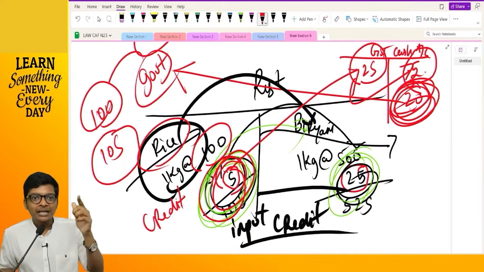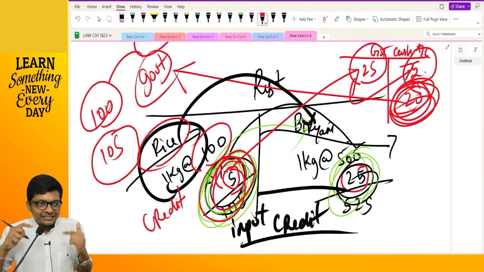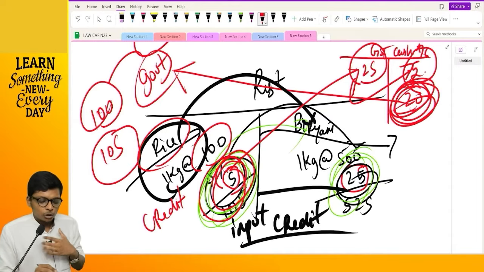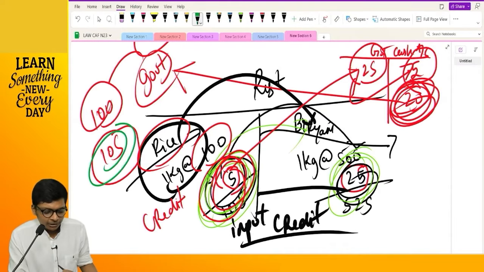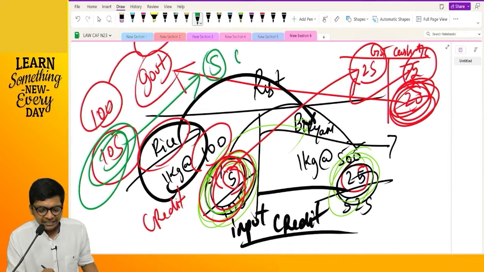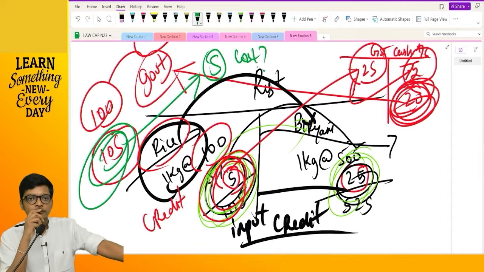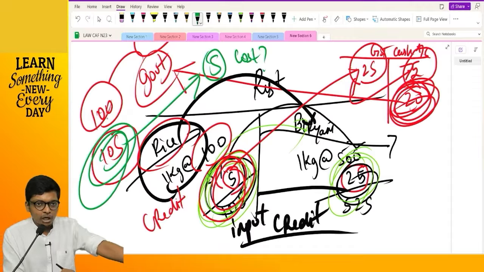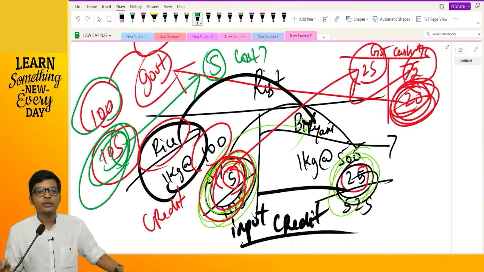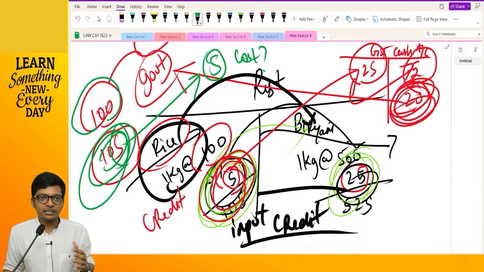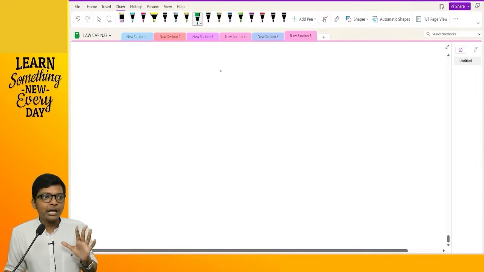The customer pays; PVR collects and gives it to the government. Now you tell me, in this 105, is the 5 a cost for me? So I will include only 100 in cost, because this 5 will be reimbursed by my customer. Like that we will get questions. GST credit you will not include. Are you following, guys?